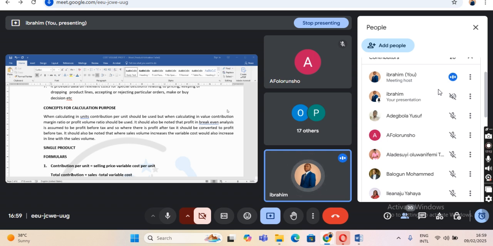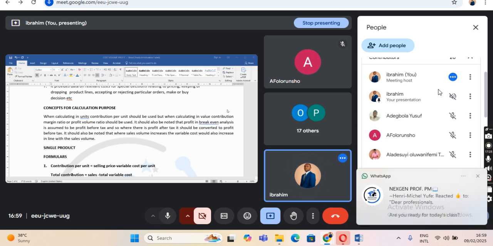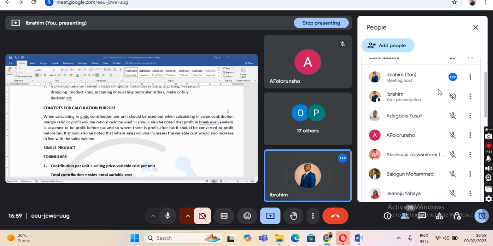You produce 5 units. 5 times 5, 25 naira. Your total sales is 25 naira. Then the variable cost you incur, let's say, based on that production, is 2 naira per unit. 2 times 5, 10. That is total variable cost, class. So it depends. The first one is contribution per unit. But when you want to get your total contribution, it is your sales minus total variable cost. We give you total contribution, but not per unit.